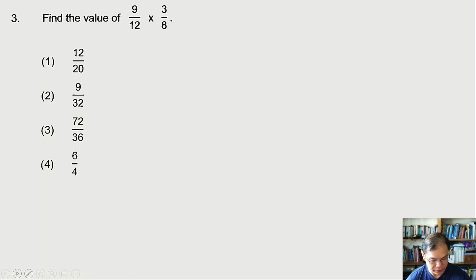Number 3, find the value of 9 out of 12 multiplied by 3 out of 8. So if you can recall how to do cancellation, you see if there is a pair of numerator and denominator that you can cancel off.